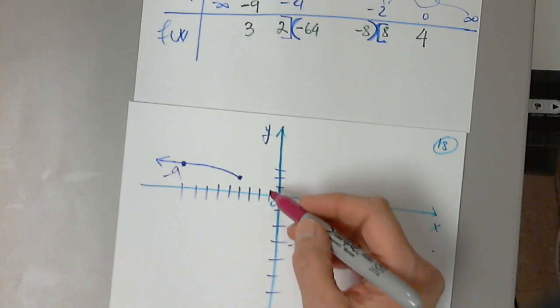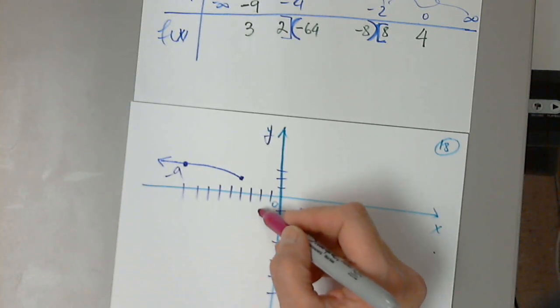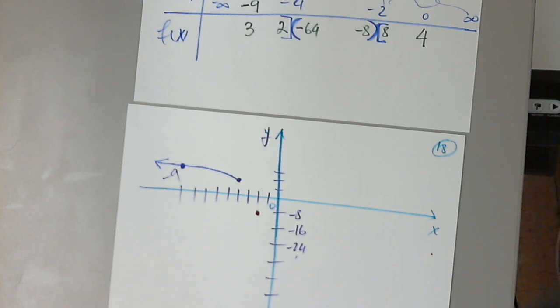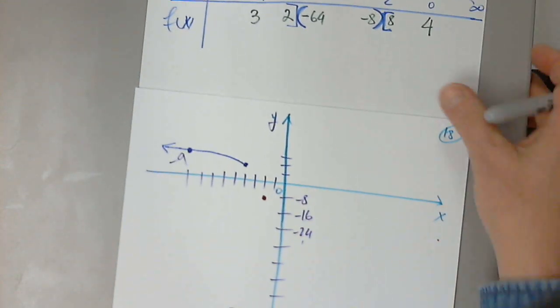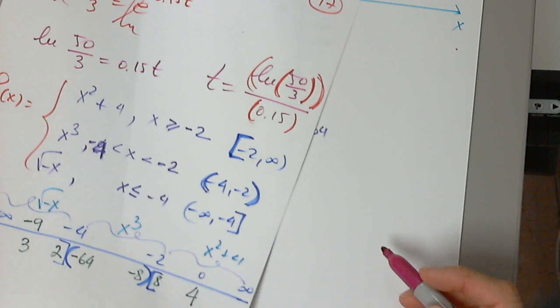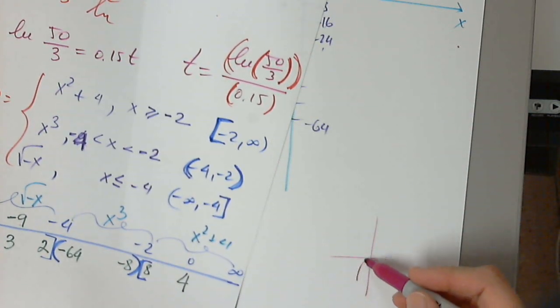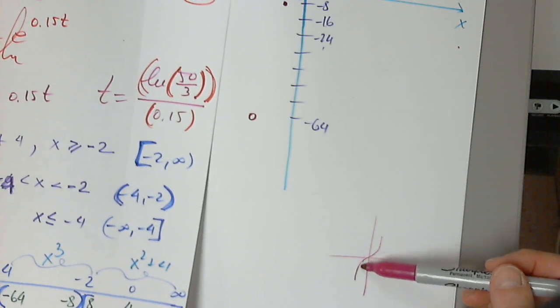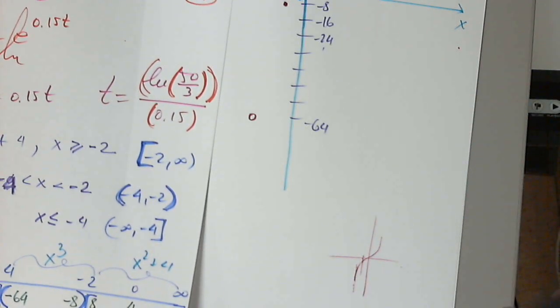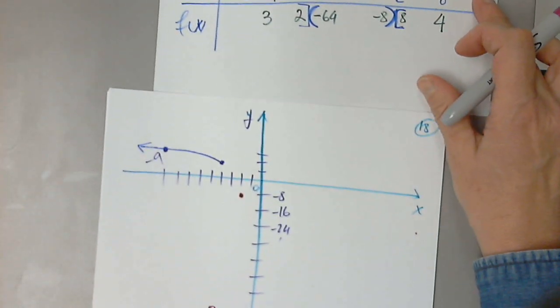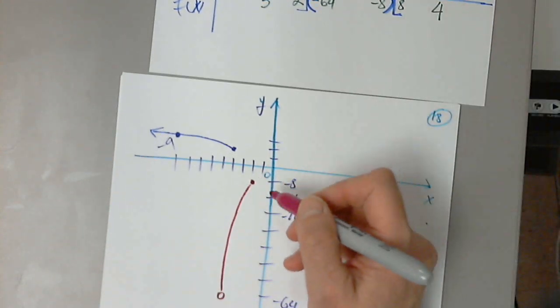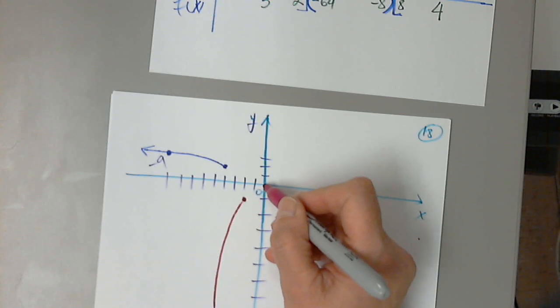At negative 2 is negative 8. And remember the graph of x cubed. So here's the graph of x cubed, but this is only between this piece and this piece. That's it. It should continue here, but of course I can't.